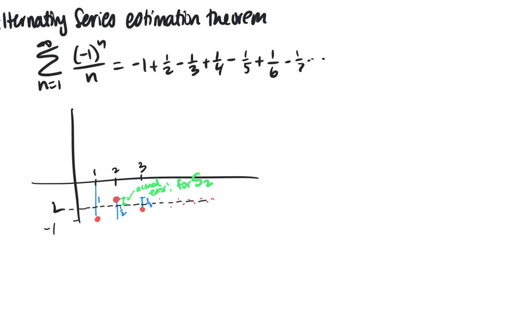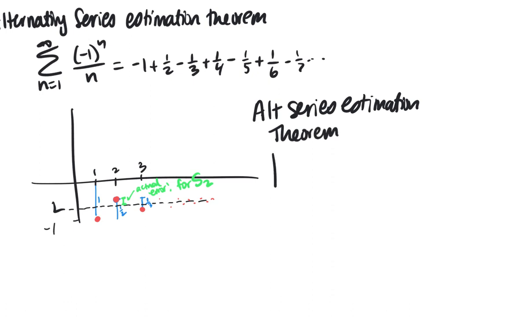When I write down this alternating series estimation theorem, it says that the difference between S and Sn is less than or equal to Bn plus 1. Sorry, let me make these n's both capital.